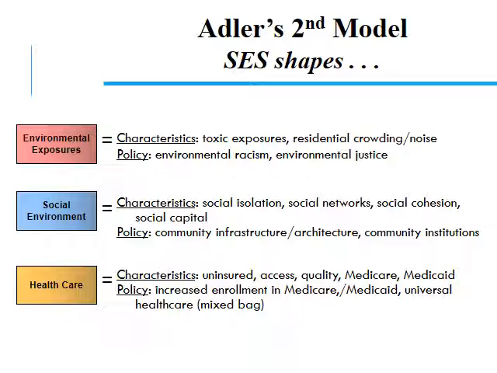So if you just want to consider it, think of Buckhead and think of Bankhead in Atlanta. You've got two polar opposite communities that could be explained if we applied Adler's model.